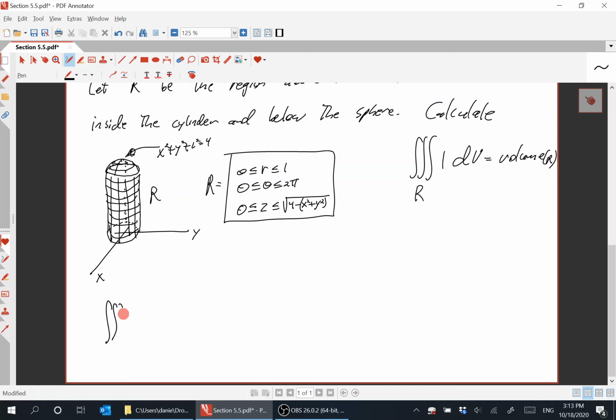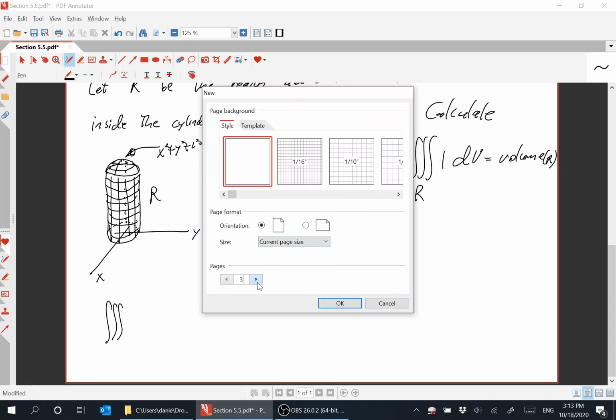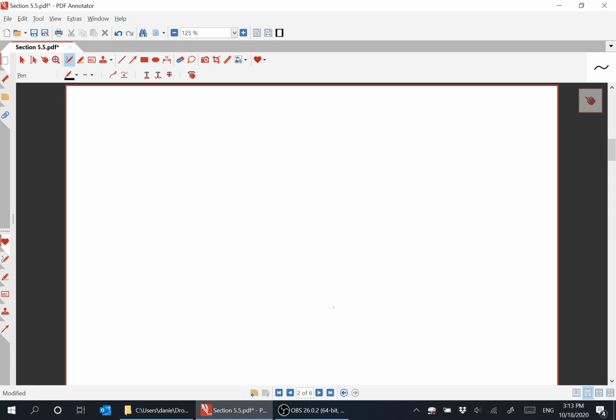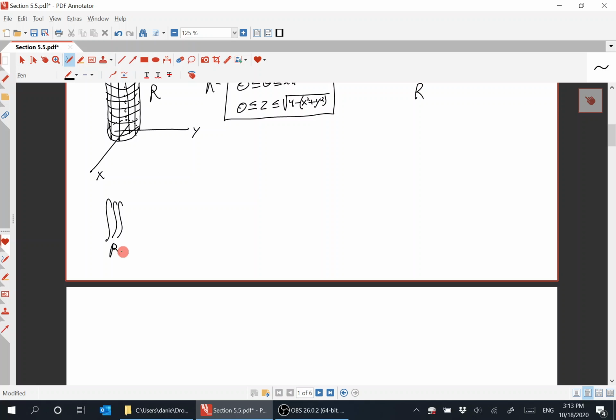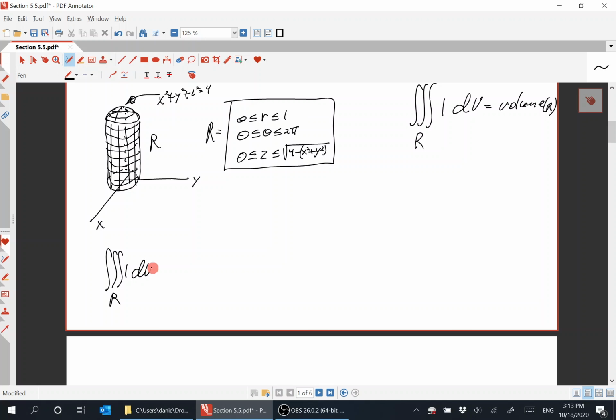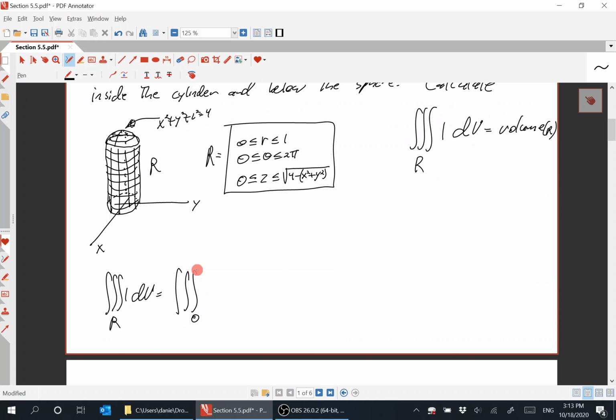Okay, so the triple integral over R of 1 dV in cylindrical coordinates is the integral from 0 to 2 pi, 0 to 1, 0 to square root of 4 minus x squared minus y squared of 1 dz, and then we use polar coordinates after that, r dr d theta.